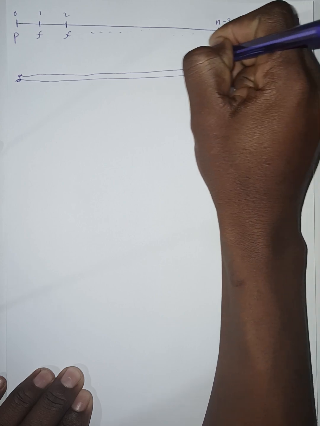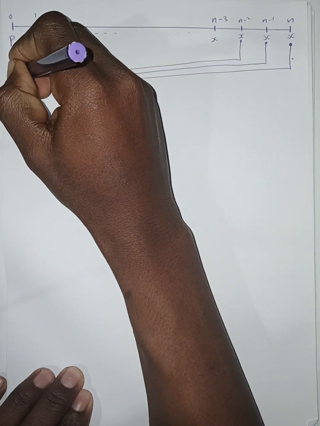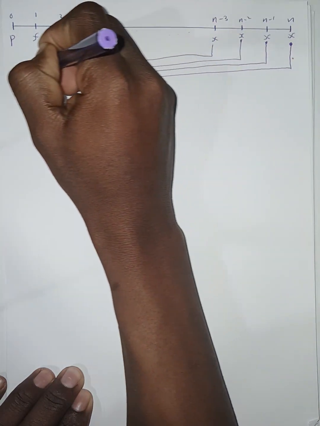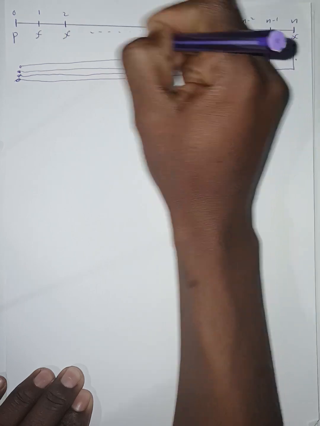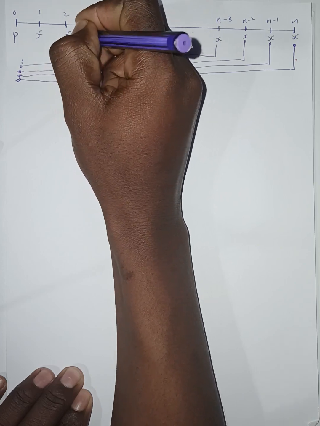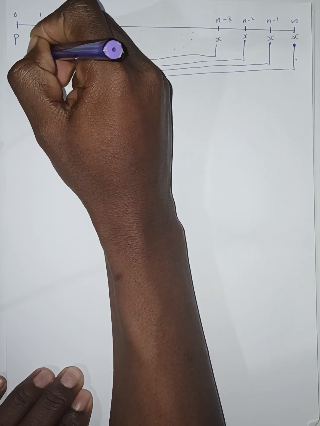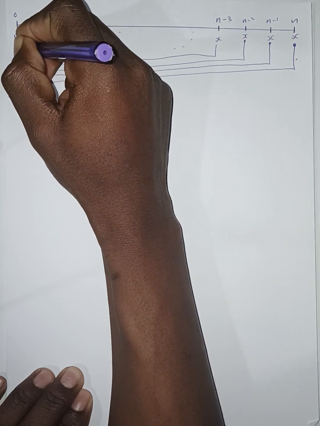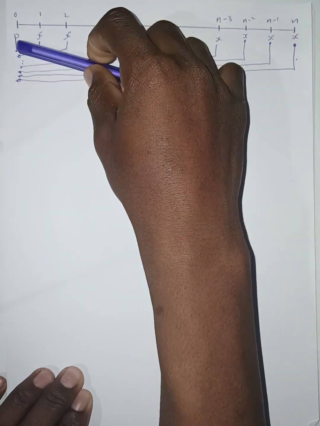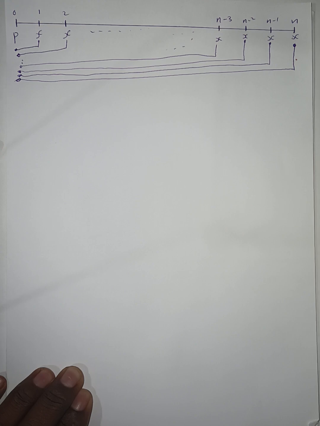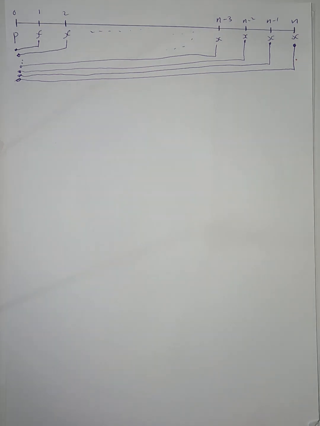I'm going to take that amount and find out how much it is worth at T0, and do the same thing with the second one, and with all of the amounts in between, until I get to the one at T2, and the one at T1. When I add all of these amounts at that particular time, I would be able to know the loan that was granted.